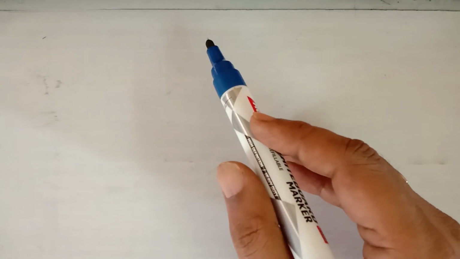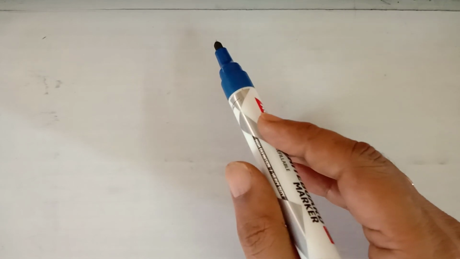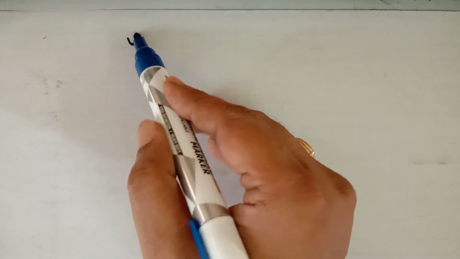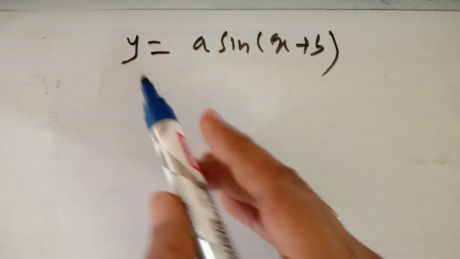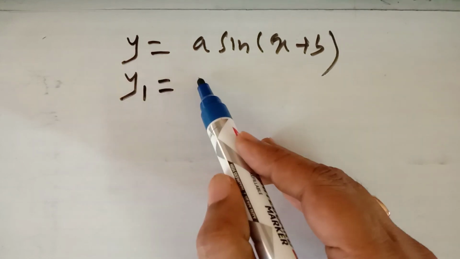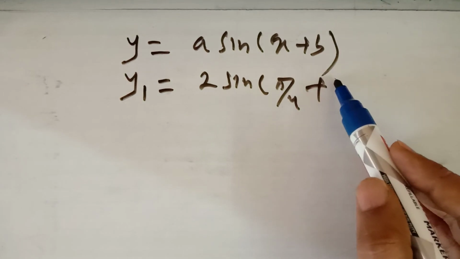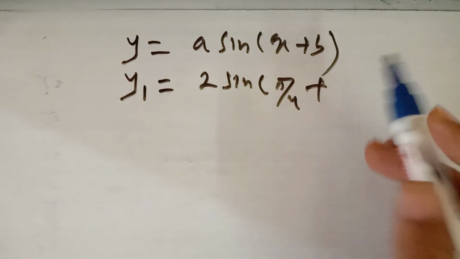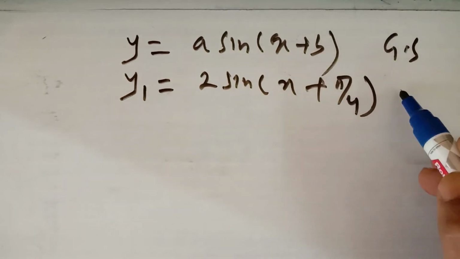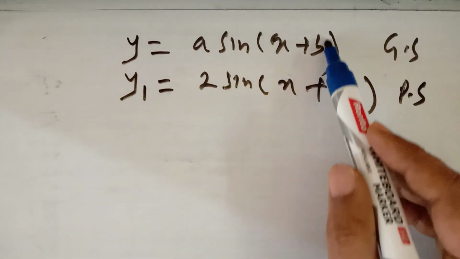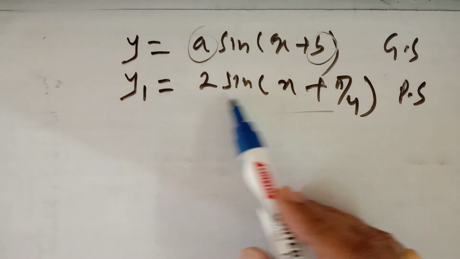The general solution is that solution of the differential equation which has arbitrary constants. Suppose y = a sin x + b cos x is one of the solutions of the differential equation, and another solution is y = 2 sin(x + pi/4). Now the first is the general solution and this is the particular solution, because in the first we have two arbitrary constants a and b, and in this equation we don't have arbitrary constants, all are constants.